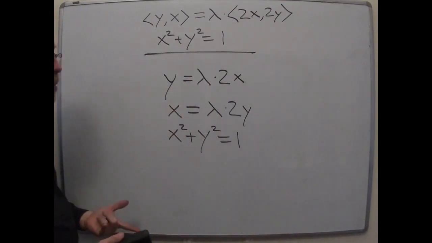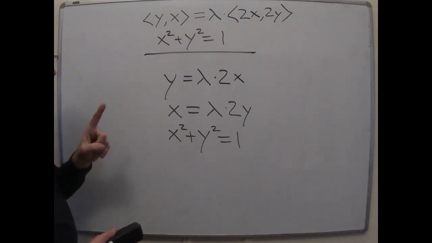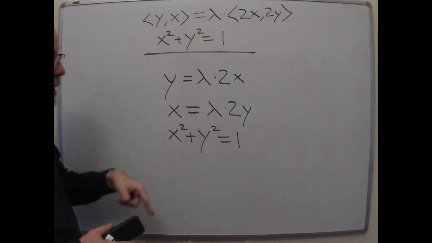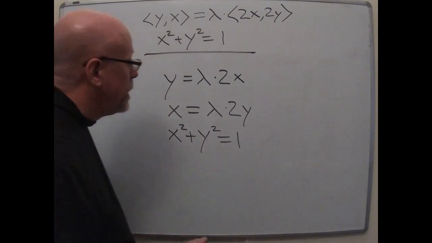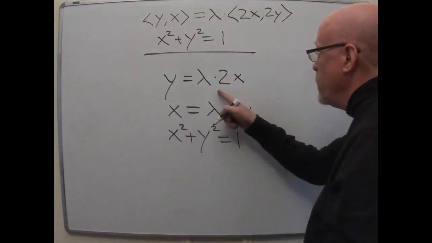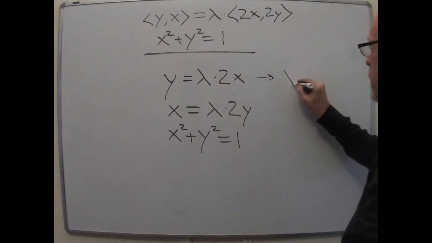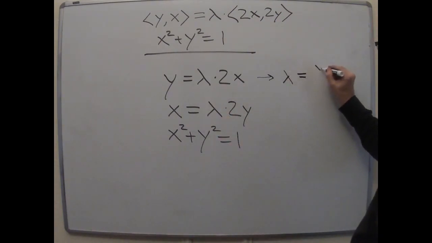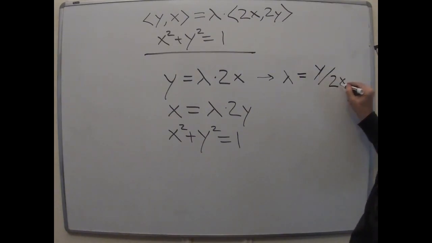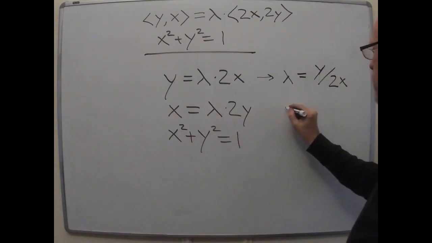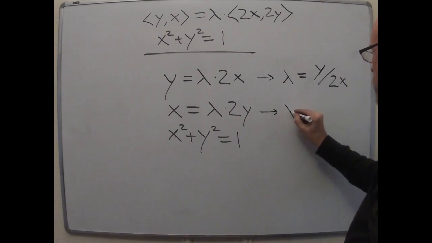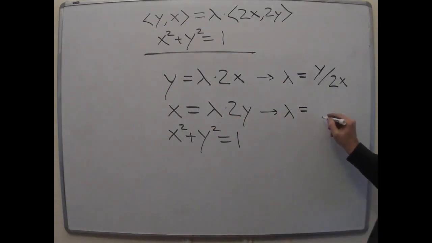We don't care what the value of lambda is, meaning if you've got to eliminate a variable, eliminating lambda is pretty reasonable. So if you solve both of these for lambda, this first one will become lambda is equal to y over 2x. The second one is going to become lambda is equal to x over 2y.